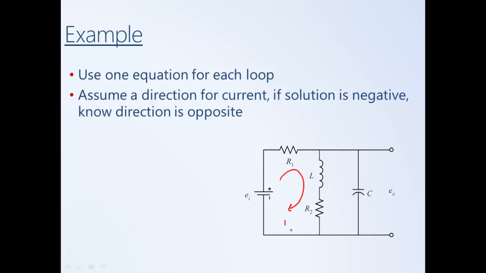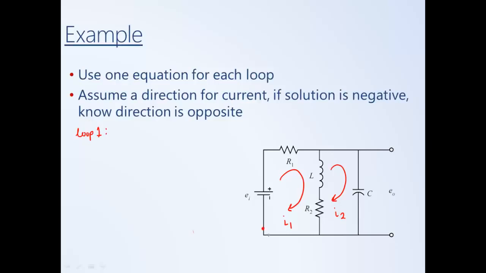I will assume that it flows clockwise, and I'll call the current I1. And then here's our second loop. Again, I will assume that it flows clockwise, and I will call that current I2. And then we will apply the loop law to each loop individually. Okay, so we'll start with loop 1.